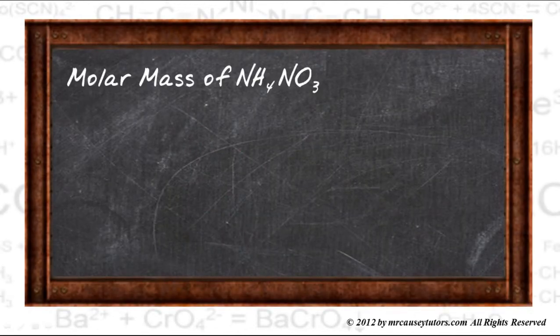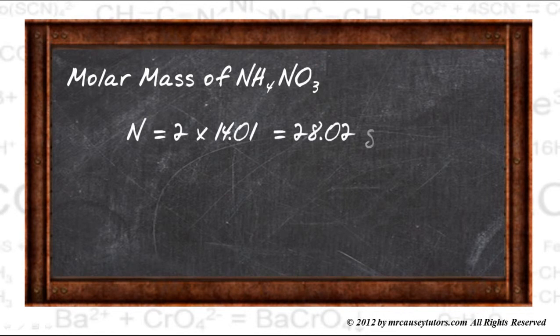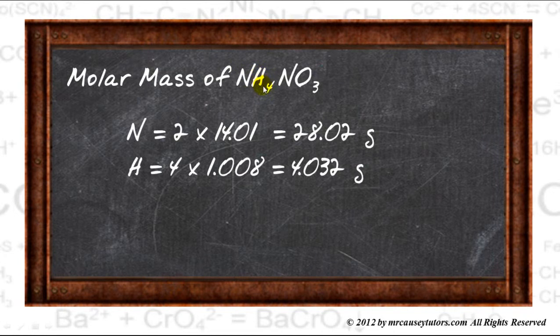So to the blackboard, the molar mass of ammonium nitrate, well, there's two nitrogens. Note right there, two nitrogens. And that's going to give us 2 times 14.01, which is 28.02 grams of nitrogen. We have 4 moles of hydrogen, and that's going to give us 4.032.